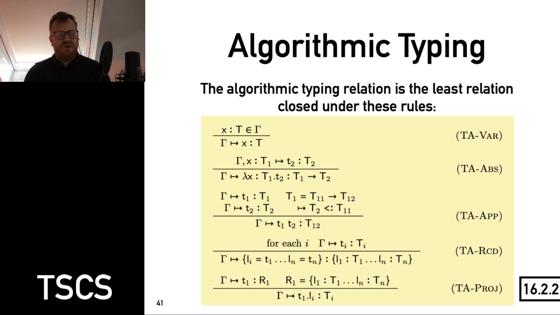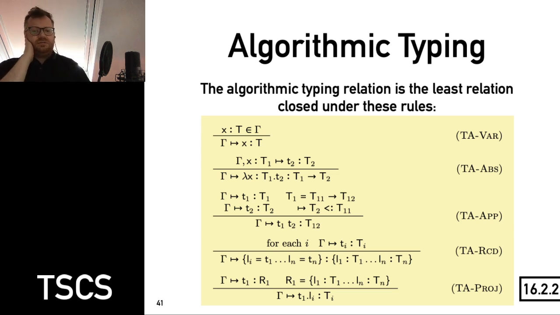The tapp rule is now this modified thing where instead of having 3 premises as the normal tapp rule does, or 2 premises, in this case that the type is factored out, there is a call to the algorithmic subtyping relation. Then we have the TRCD rule, just typing records. So this is basically the same thing, but just exchanging standard typing by algorithmic typing, and the projection rule as well, unchanged. So the only thing where you actually have to change is in the TApp rule.